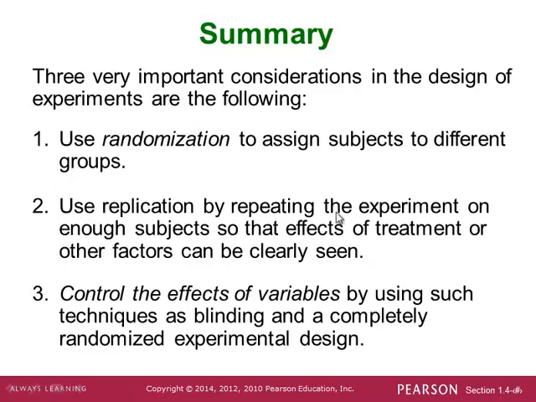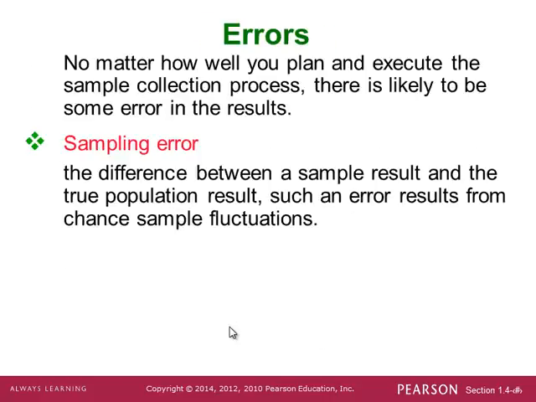Use replication. That basically means get as large of a sample size as possible. And then control the effects of variables by reducing confounding, and use blinding, especially double blinding, which is essentially the gold standard for experimental design. You want to avoid as many errors as possible.